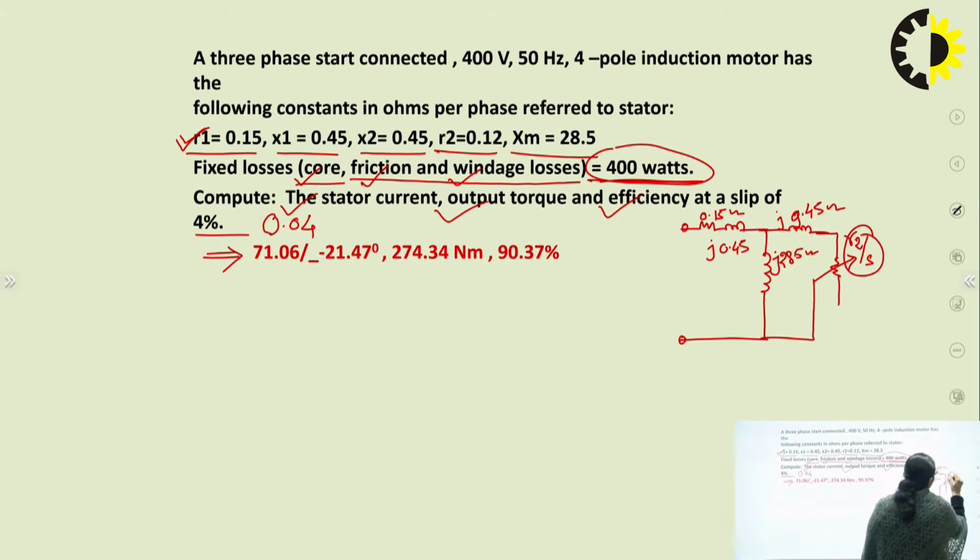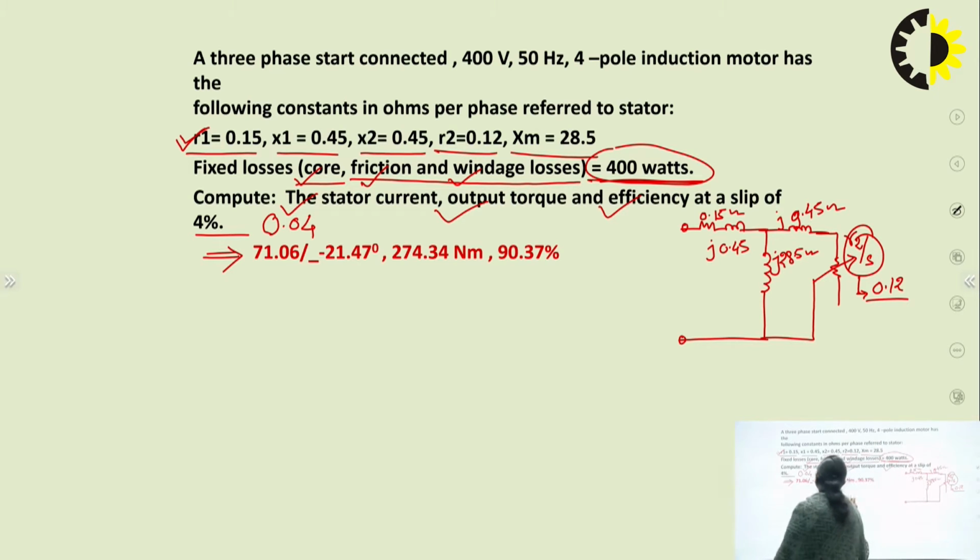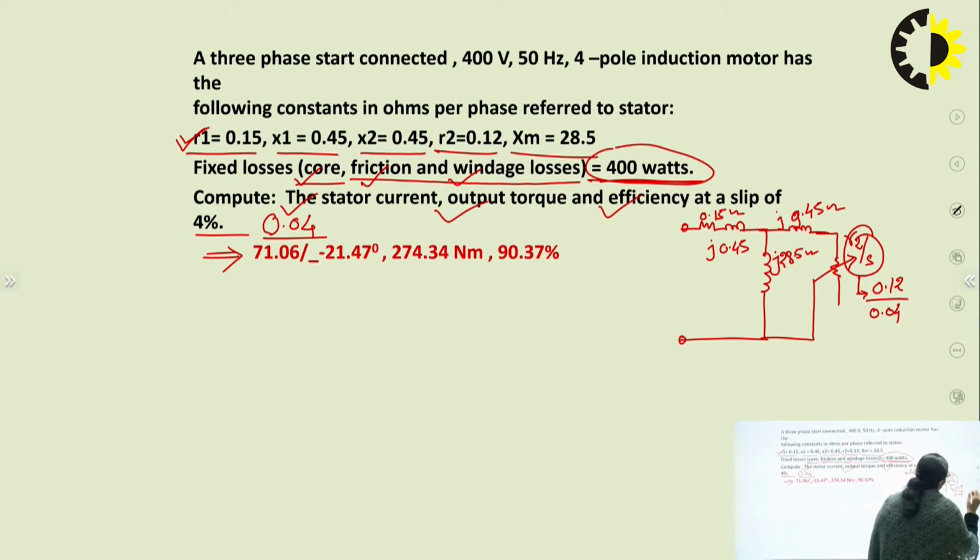So I can replace this by 0.12 divided by S, and the operating slip of the machine for which we need to solve the question by solving the equivalent circuit is given as 0.04. So the value of this variable resistance at the operating slip of 4% comes out to be 0.12 divided by 0.04, right?